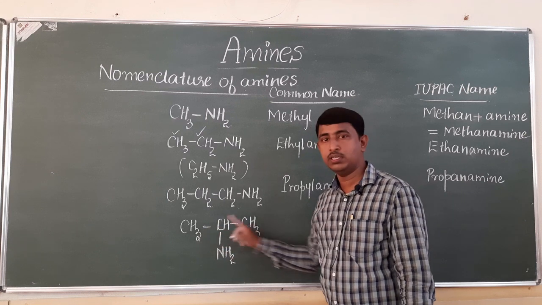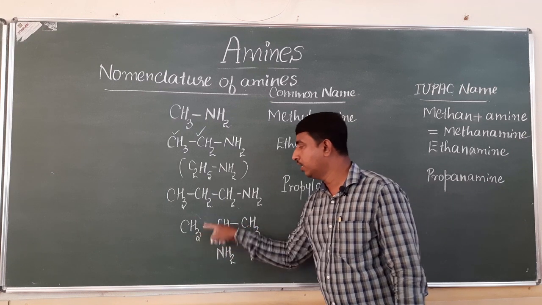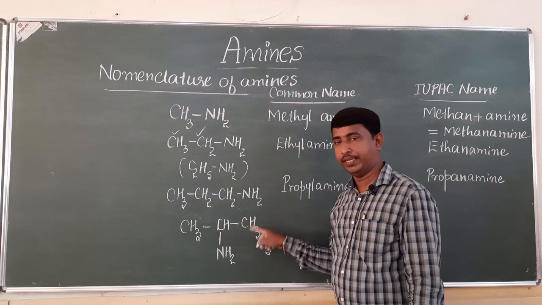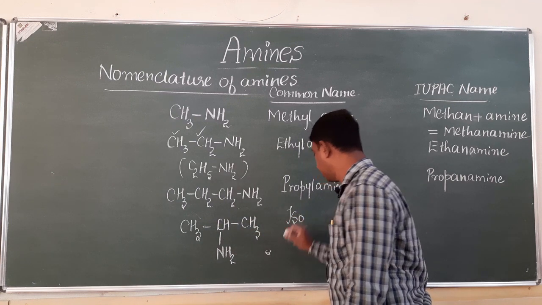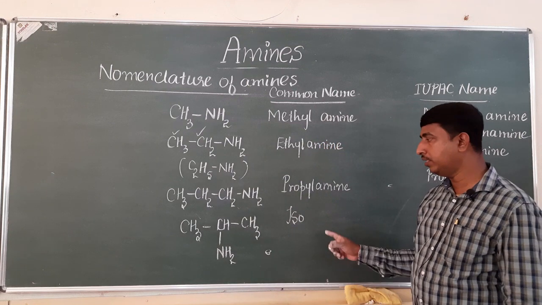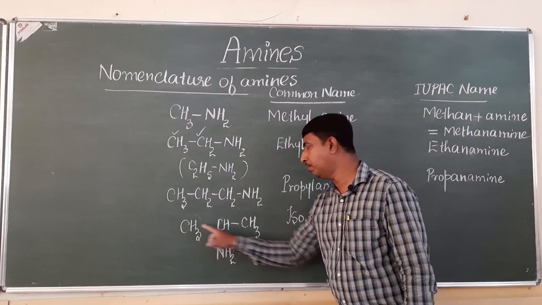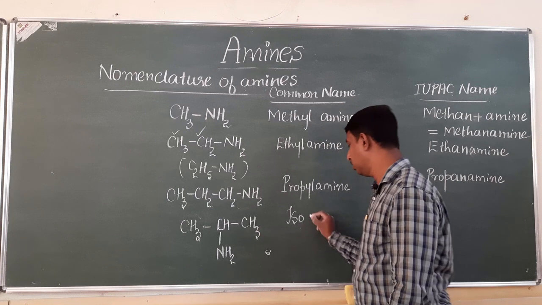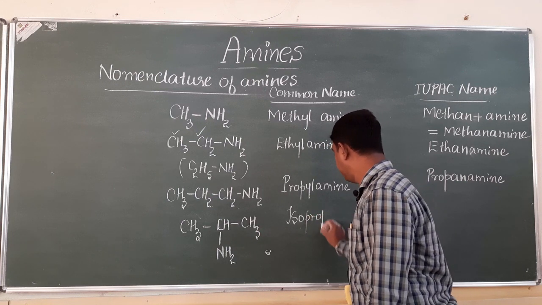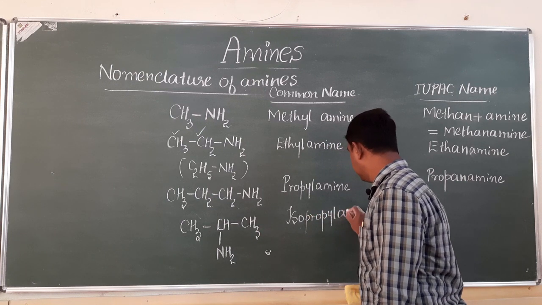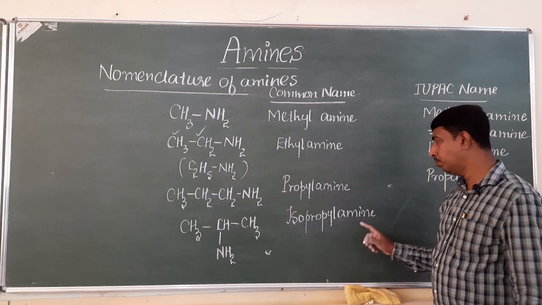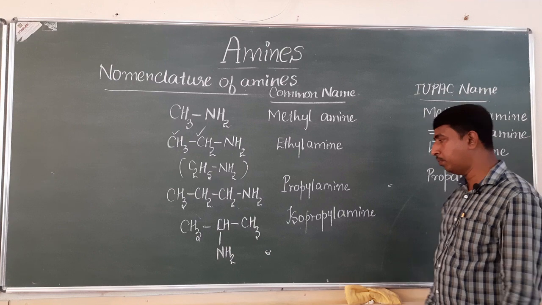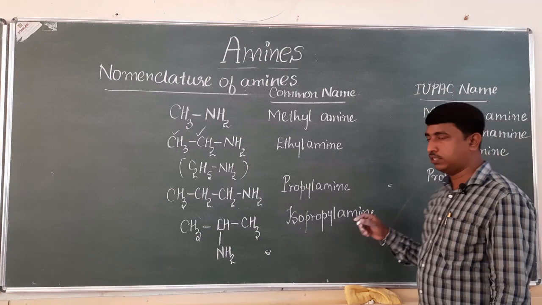Identical groups are present on either side, here also methyl, here also methyl. So it is iso. Iso means the number of carbon atoms is the same, it is 3 only. So it is isopropylamine.